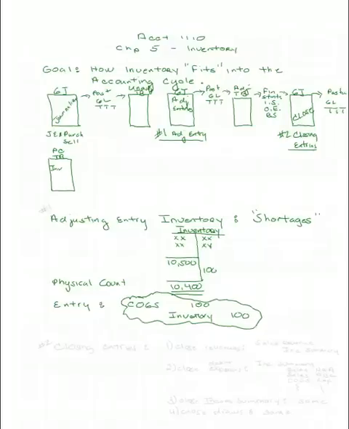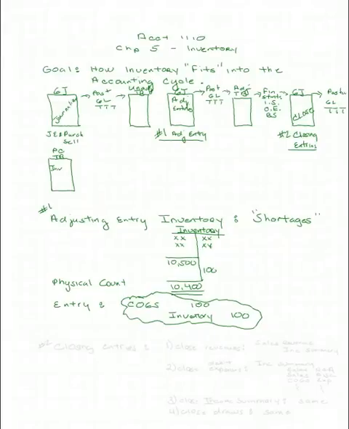If your shrinkage exceeds that amount, there are other accounting techniques and probably insurance claims that will be involved. But for normal inventory shrinkage, we post into cost of goods sold in the period it's discovered, and just let that become part of cost of goods sold for the period. So that then takes care of adjusting entries.